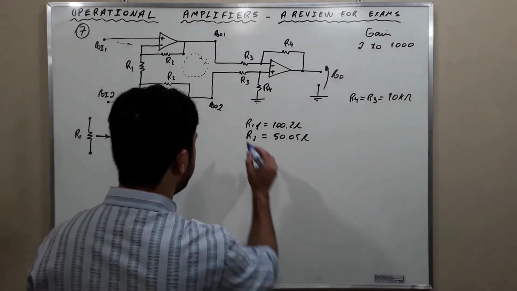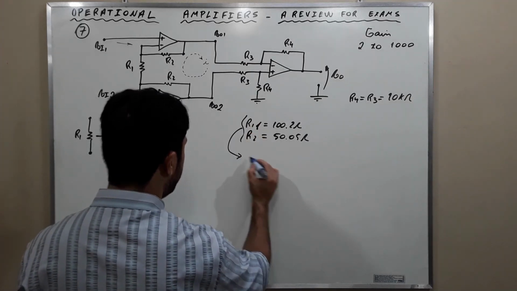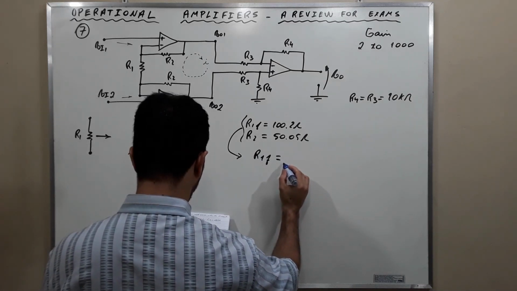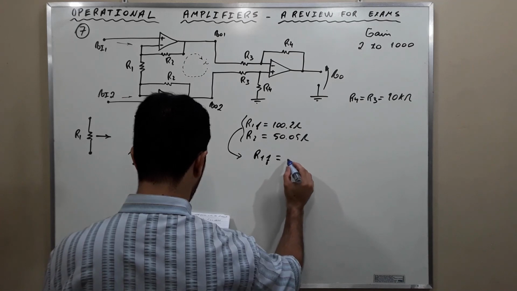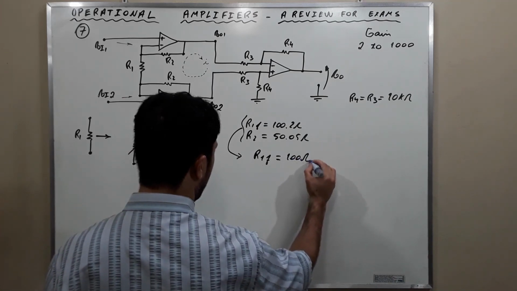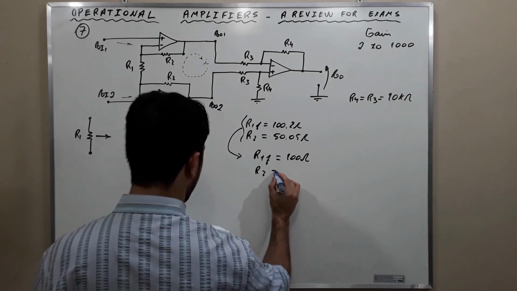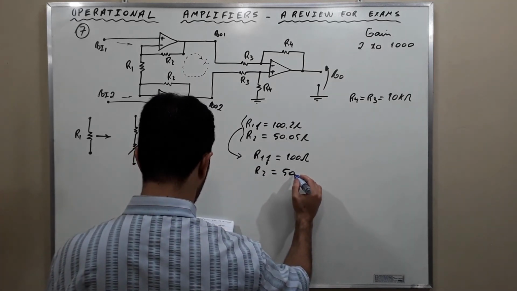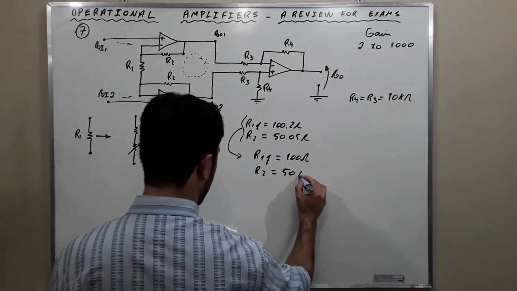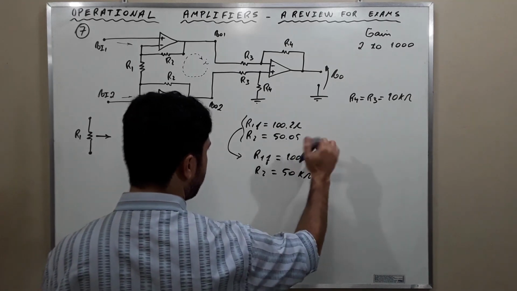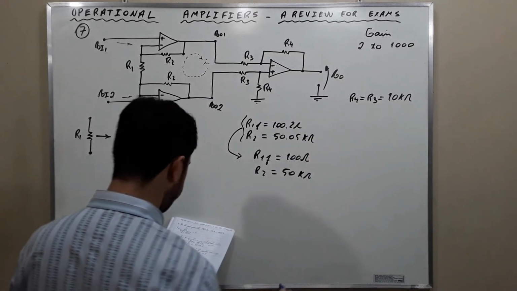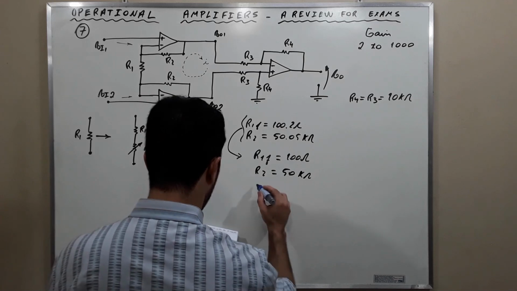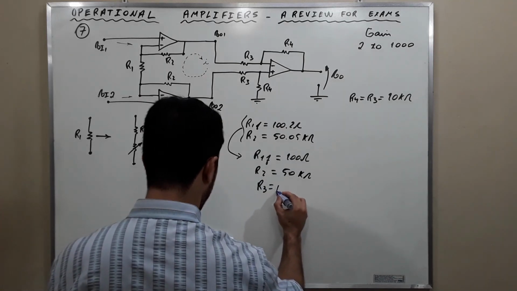So we are going to use, instead, R1F equal to 100 ohms, R2 equal to 50 kilo ohms, and R3 will be equal to R4.